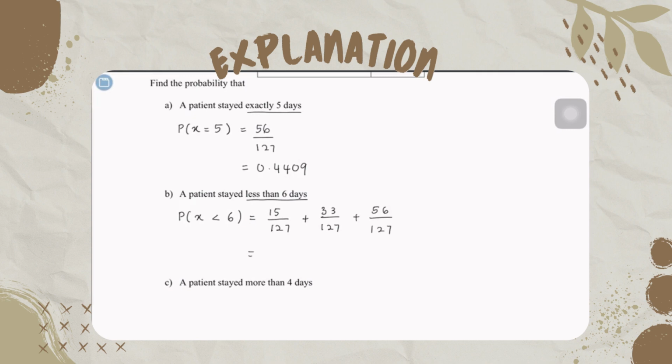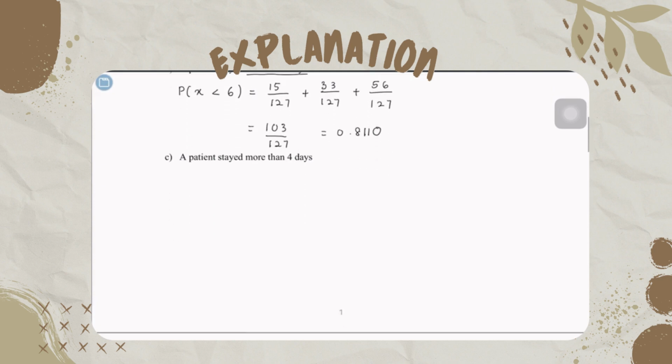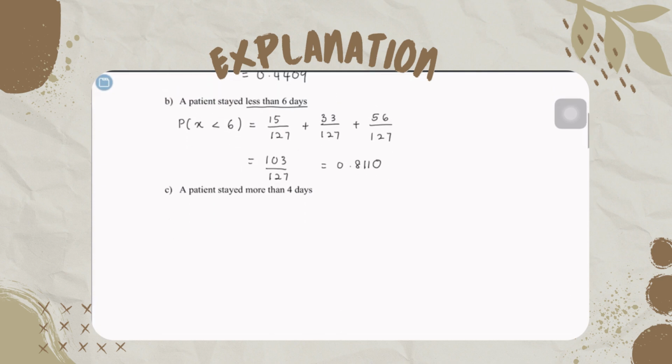The answer we get is 103 divided by 127, which is 0.8110.